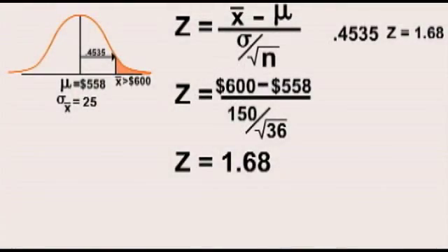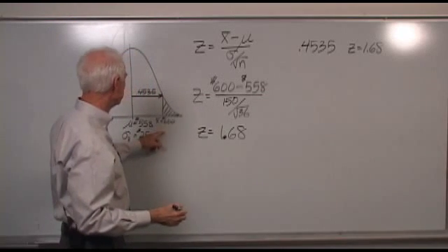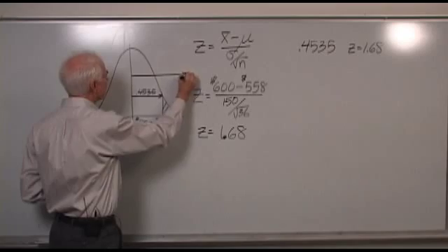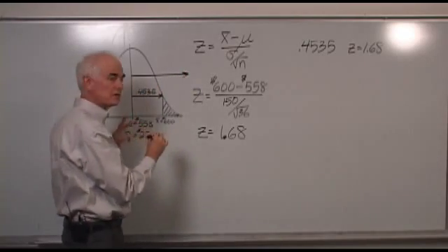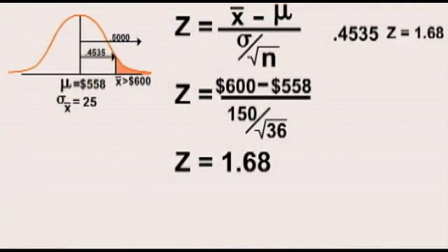We're trying to solve for the probability that you have more than 600, so we want to solve for the tail. We know from our study of the normal curve that it is symmetrical and that each half has 0.5000 area in it.